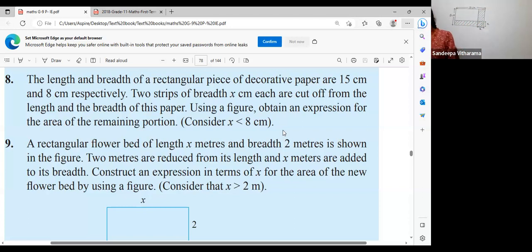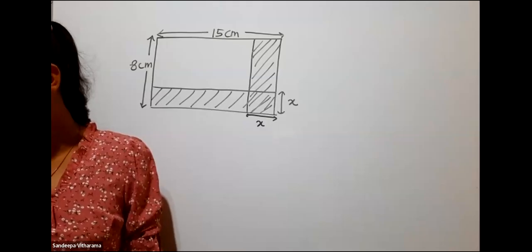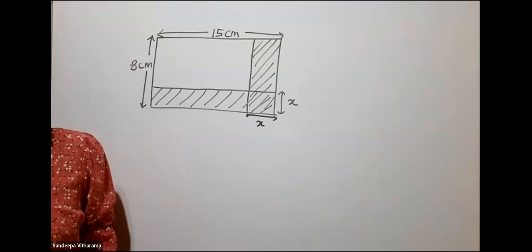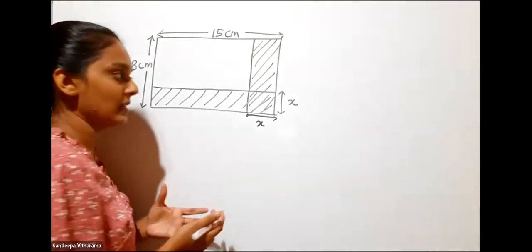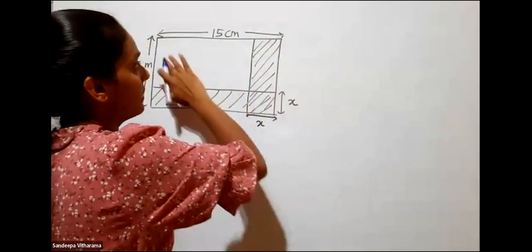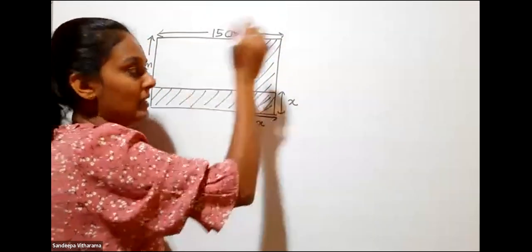Using the figure, obtain an expression for the area of the remaining portion. First of all, you should be able to identify what is the new length and breadth of the remaining portion.